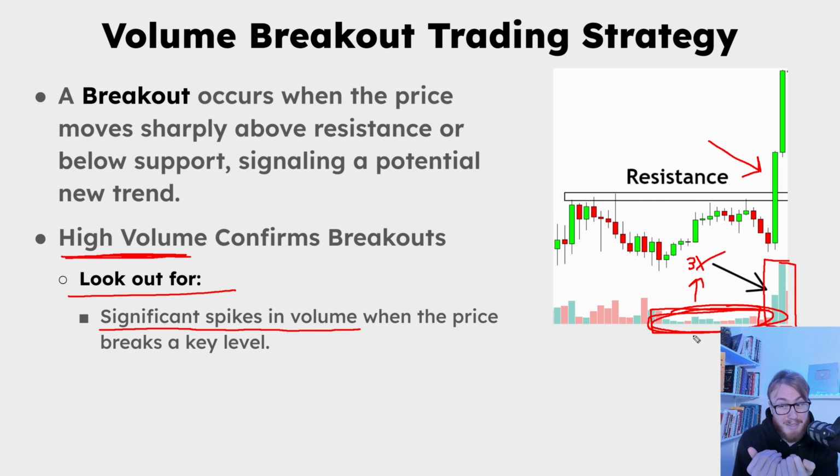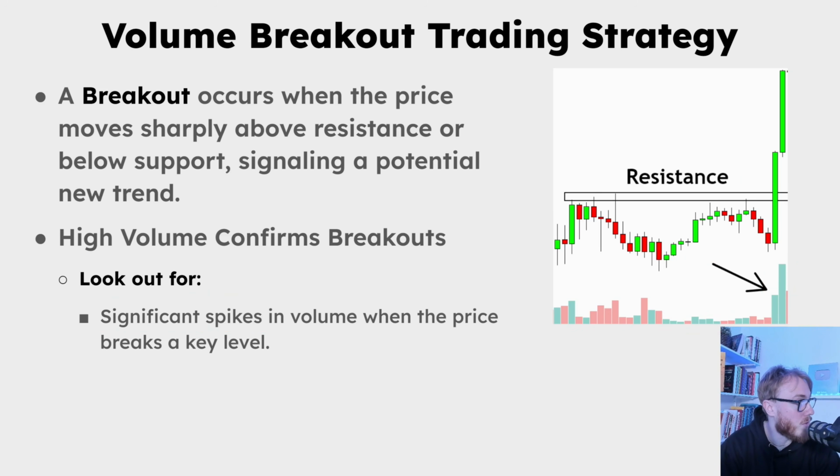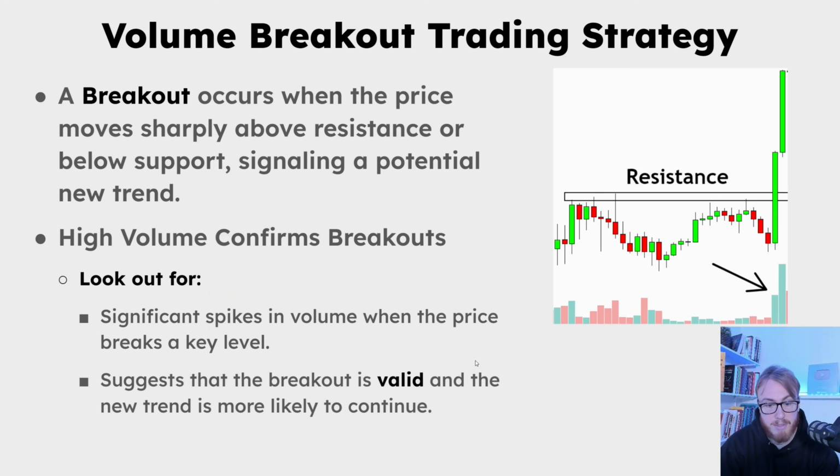That usually gives a pretty strong signal that you are seeing a volume spike. This is not a precise rule, but around 3 times the size of the previous candles does give you a strong signal of a breakout. And once again, these significant spikes suggest that the breakout is valid, or at least more likely to be valid, and that the trend after the breakout is more likely to continue.